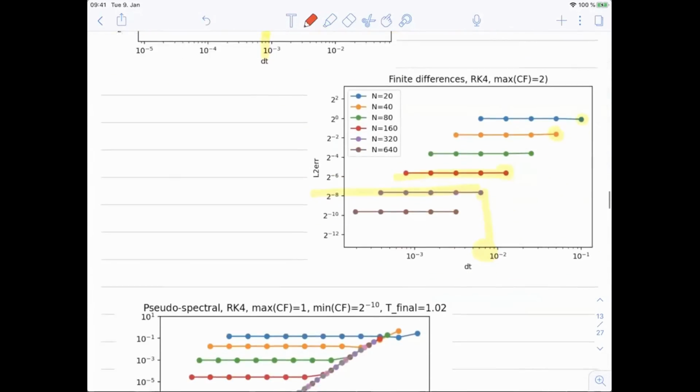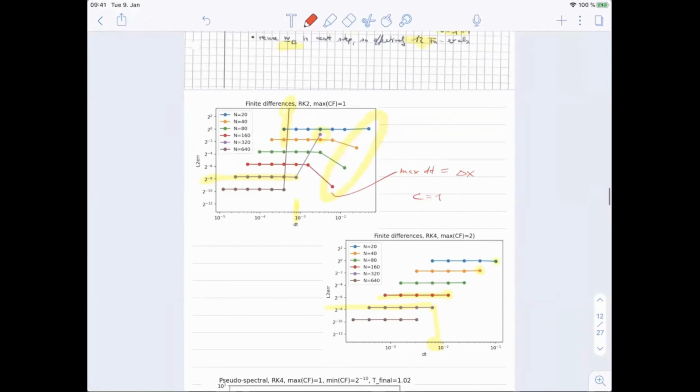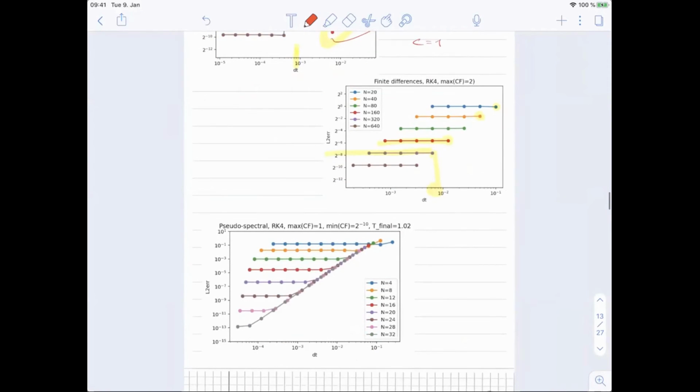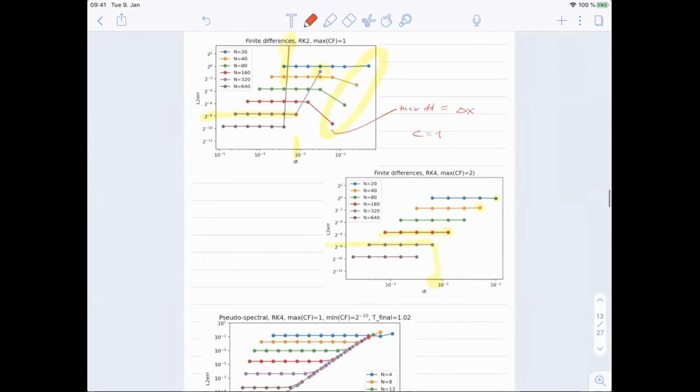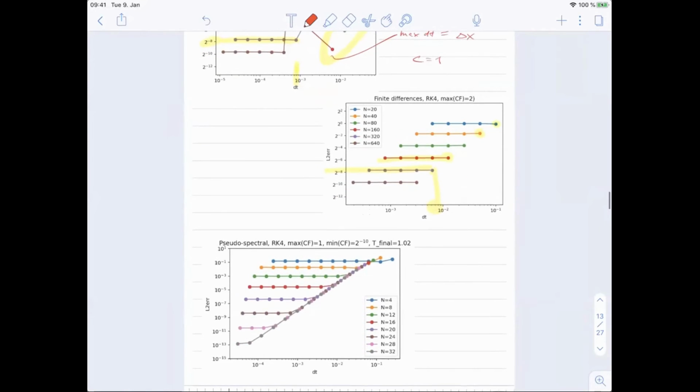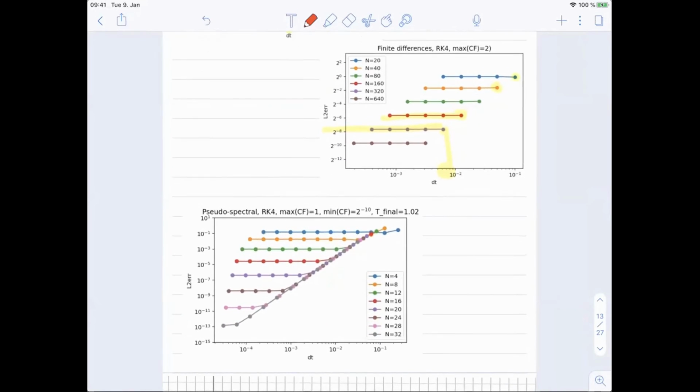Okay, on this slide of convergence tests, I also have our next method listed here. And this next method, let me just compare it to Runge-Kutta 4 and our second order finite difference code.